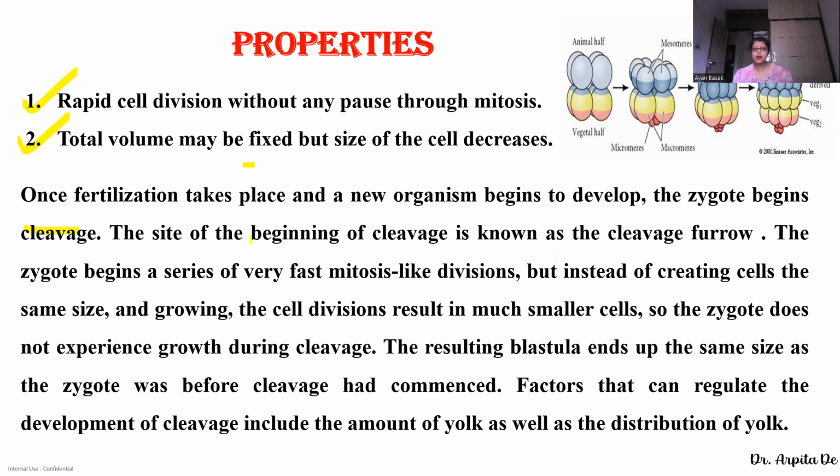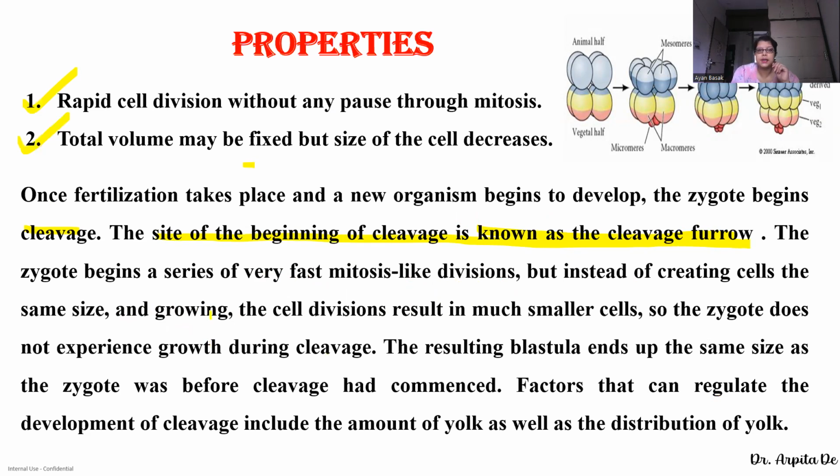The zygote begins a series of very fast mitosis-like divisions, but instead of creating cells of the same size and growing, the cell division results in much smaller cells.